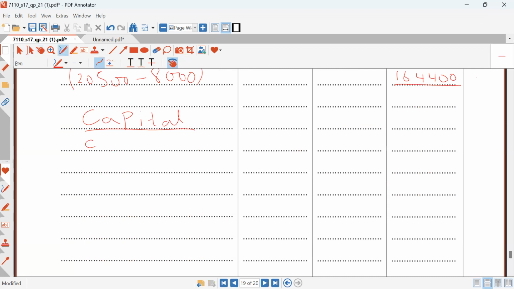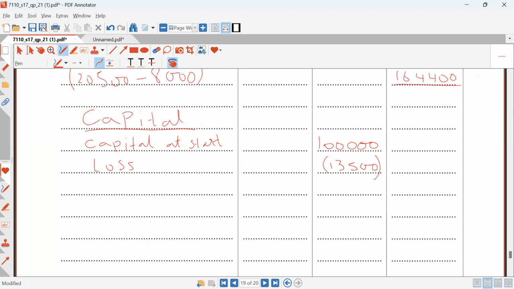So what is capital at start? $100,000. Loss, as the business is having a loss, so this should be subtracted.